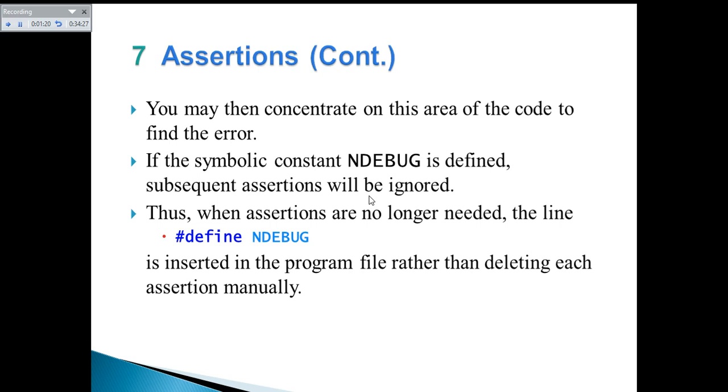If the symbolic constant NDEBUG is defined, subsequent assertions will be ignored. So if you want to ignore some assertions, you can define the symbolic constant NDEBUG in your program code. After NDEBUG is defined, the subsequent assertions that follow will be ignored.